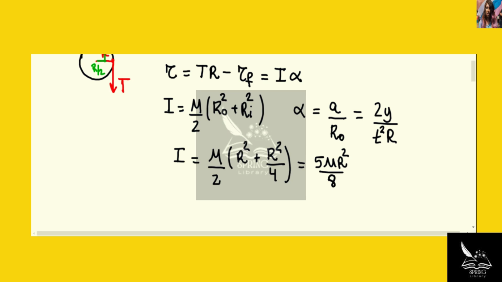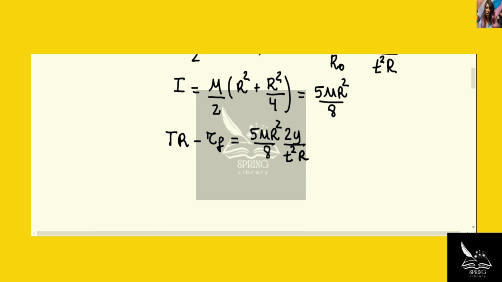So what we obtain is that, from the torque equation, Tr minus tau f is equal to 5m r squared over 8 times 2y over t squared r, and this is equal to 5m r y over 4 t squared.